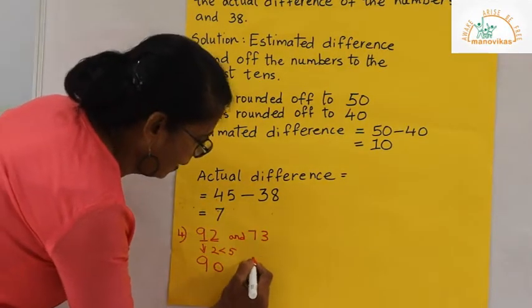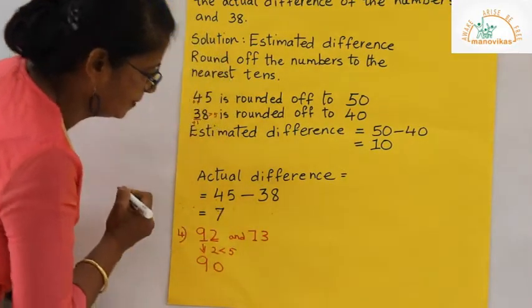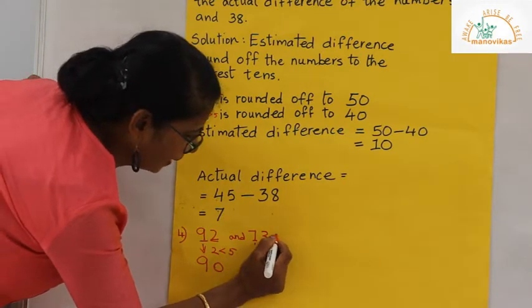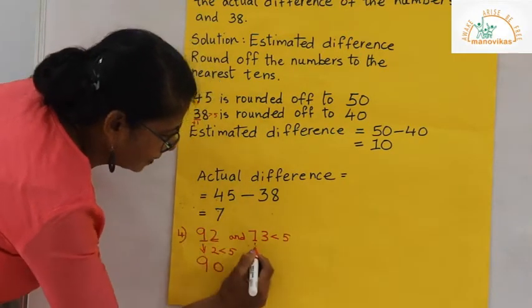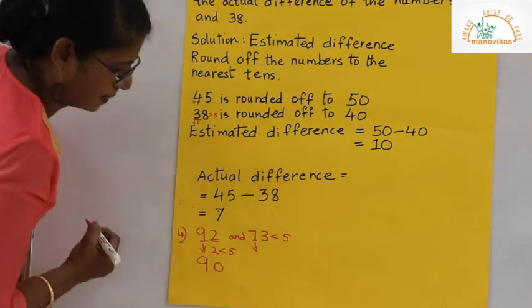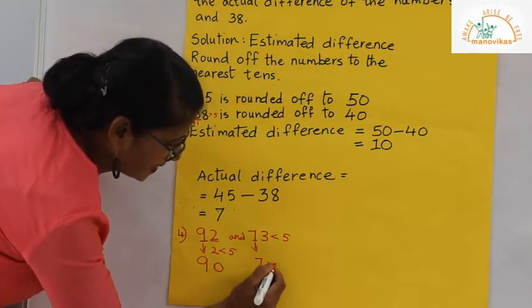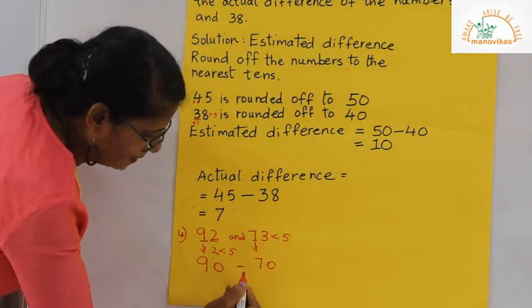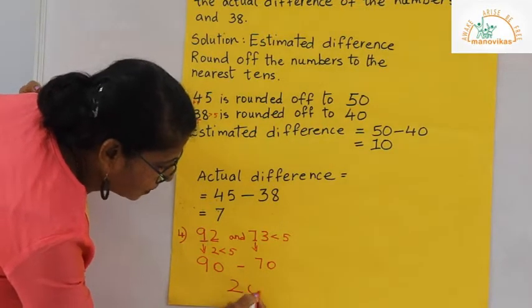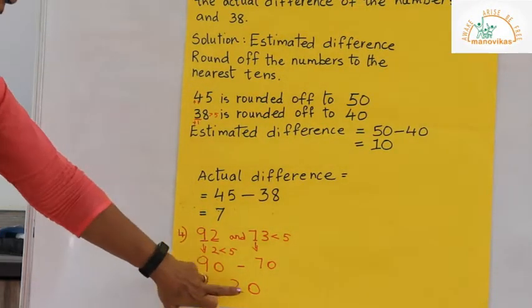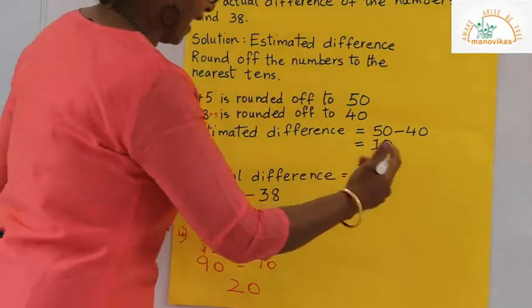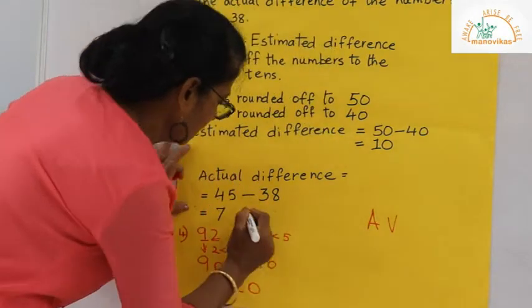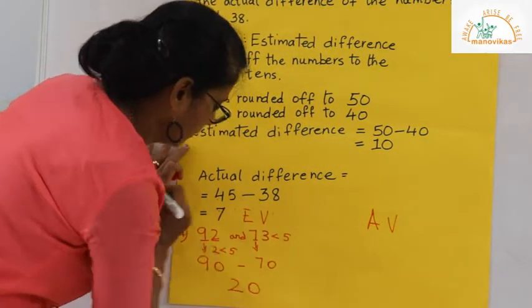While 73, the number 7 remains the same because number 3 is less than 5. So we get 70, where the estimated value now is 70. So 90 minus 70 gives us 20. But the actual value, this is your estimated value.